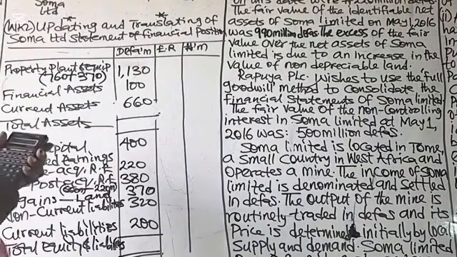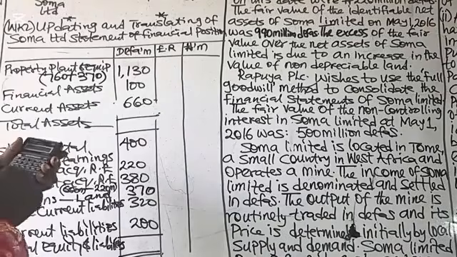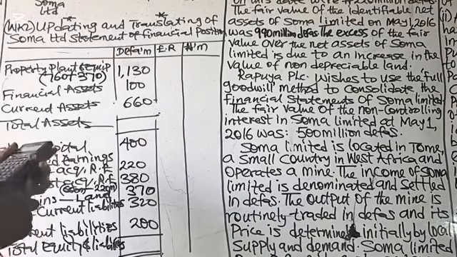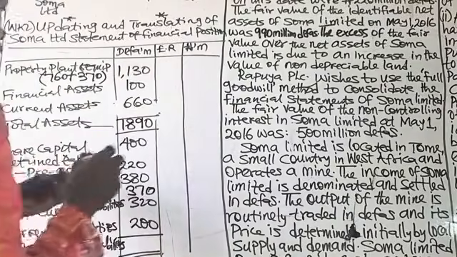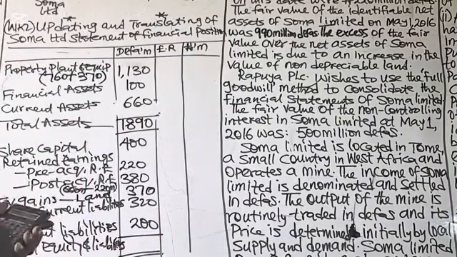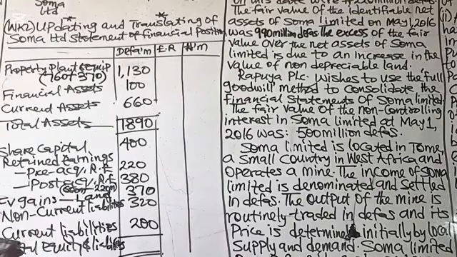So we can total this 1,130 plus 100 plus 660. So we have 1,890. Then we also have 400 plus 220 plus 380 plus 370 plus 320 plus 200.